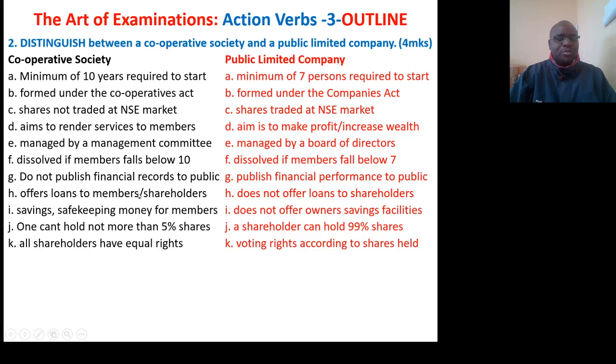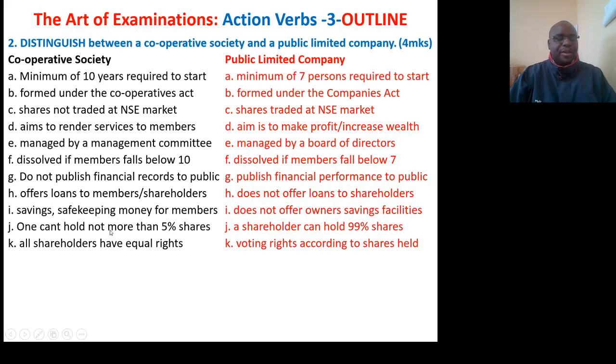Cooperatives offer loans to members or shareholders. Public limited companies do not offer loans to shareholders. Cooperatives save and keep money for their members. Public limited companies do not offer owners any savings facilities.